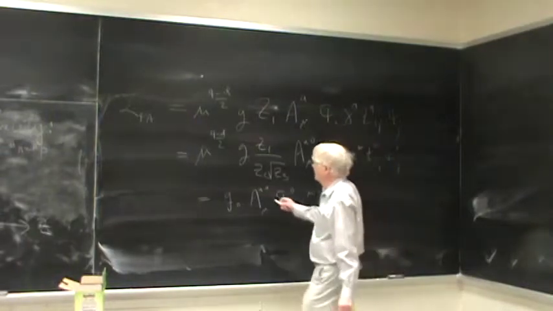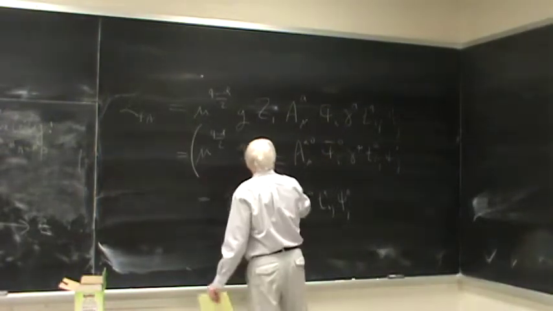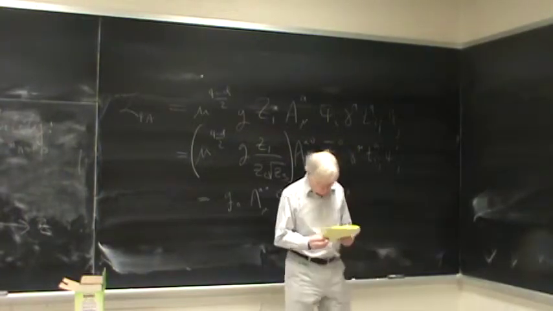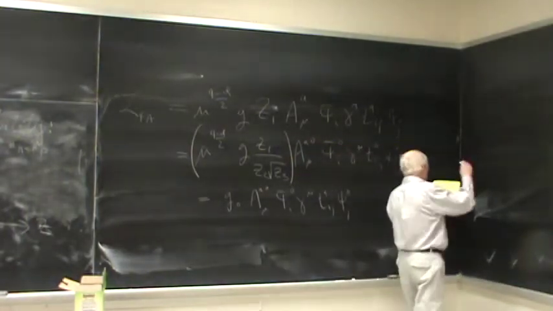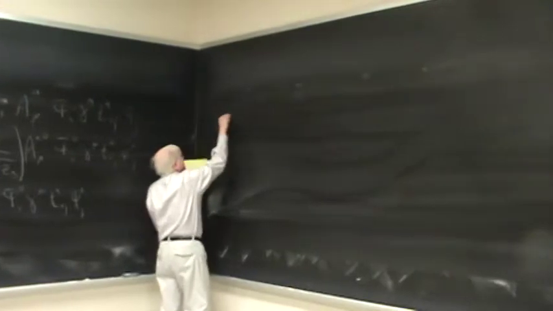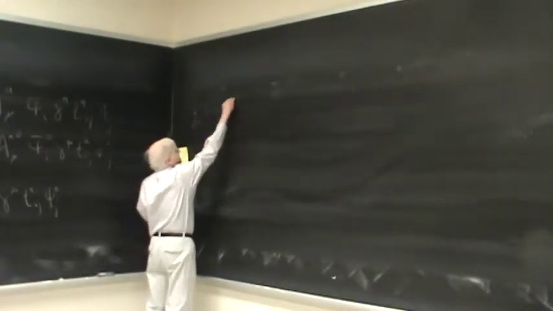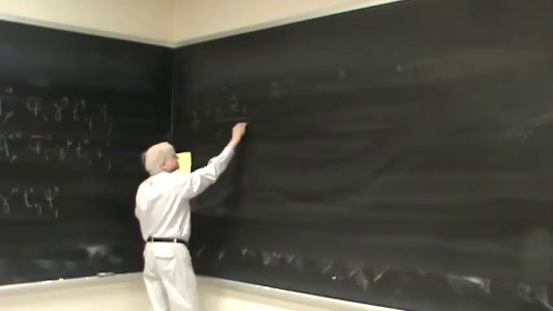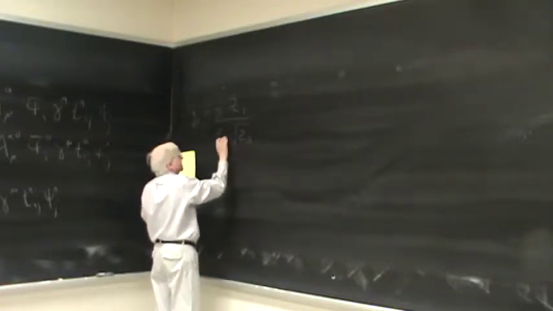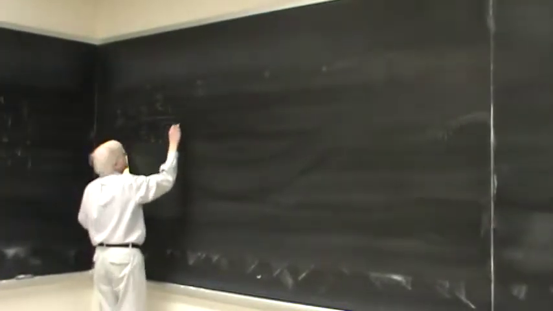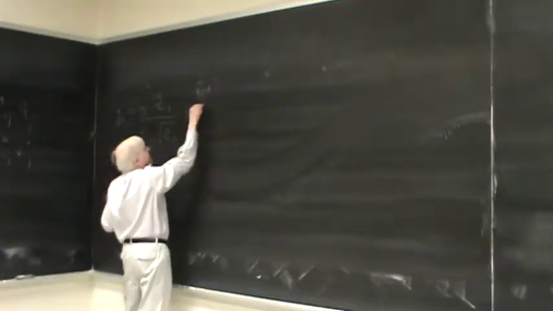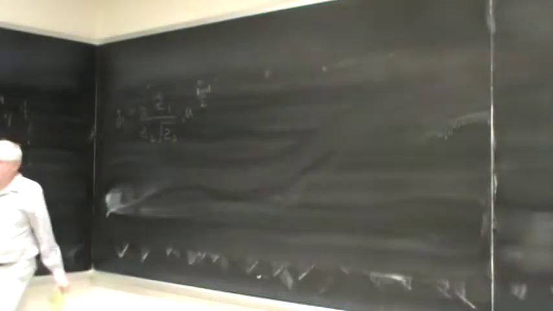But comparing these two shows that g0 is effectively g Z1 over Z2 square root Z3, mu to the (4 minus d) over 2.